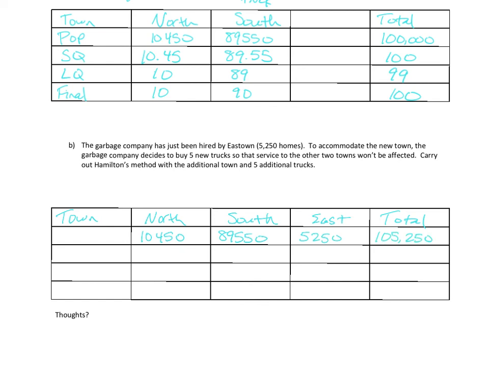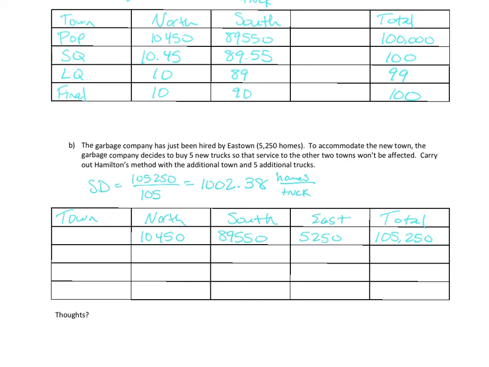That comes out to 105,250 homes. We calculate the standard divisor by doing the number of homes divided by the number of trucks, which is now 105, because we used to have 100 trucks, now we have 105. And that makes the standard divisor 1,002.38 homes per truck.